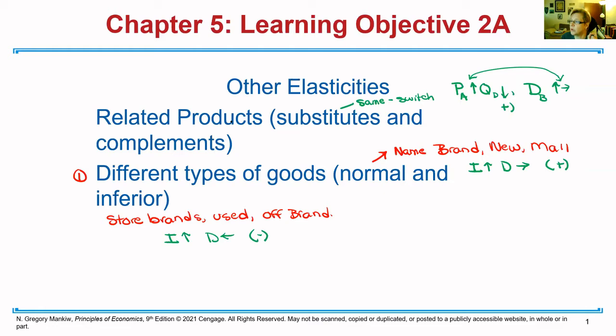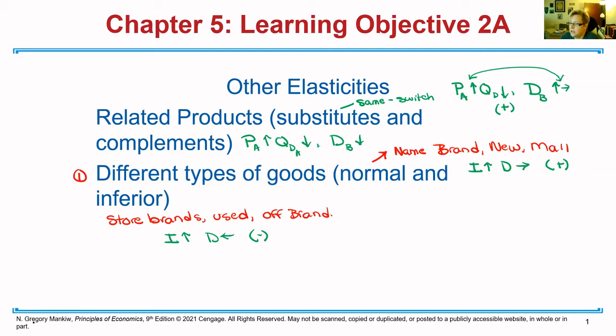It's positive correlation. For complements, what we said were those were goods that are used together. So like golf balls and golf clubs, horses and horse equipment kind of thing. So what we said there is that the price of good A increases, that will cause the quantity demanded of good A to decrease, all else held constant, which will cause the demand for good B to decrease.